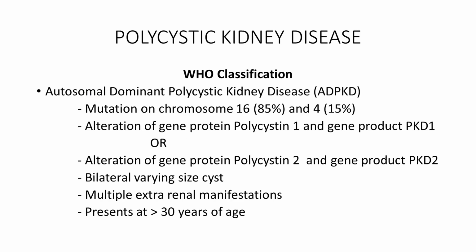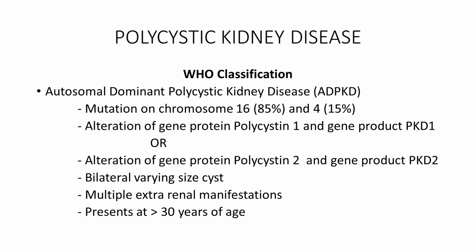According to the WHO classification, autosomal dominant polycystic kidney disease, ADPKD, is a serious disorder. There is a mutation mostly on chromosome 16, which is 85%, or maybe on chromosome 4, which is 15%. There is alteration in the gene protein polycystin 1, gene product PKD1, or the gene protein polycystin 2, gene product PKD2.